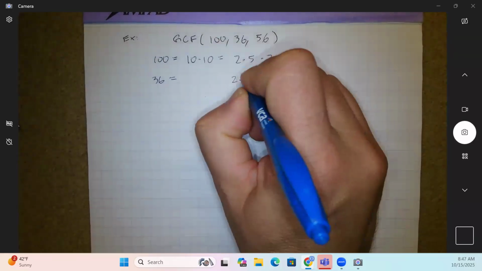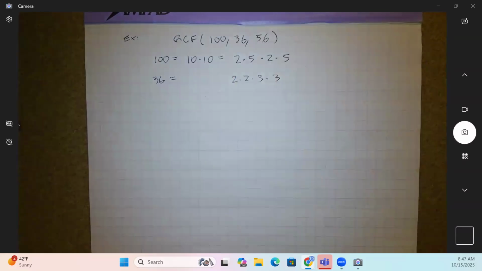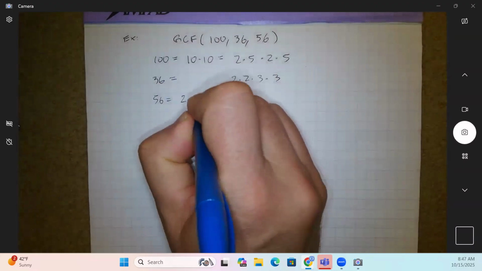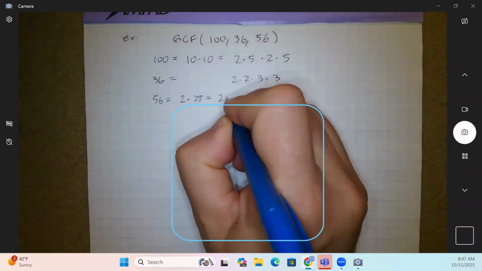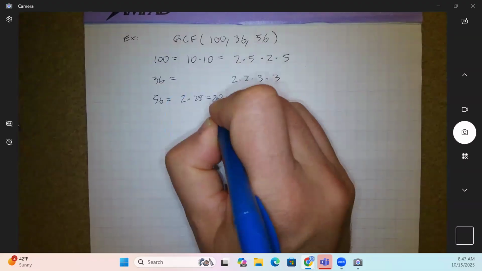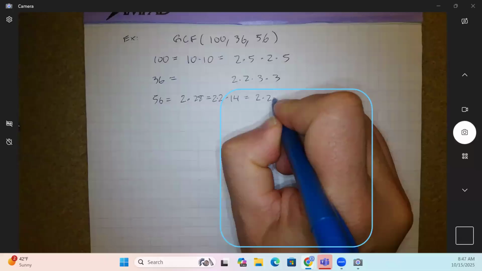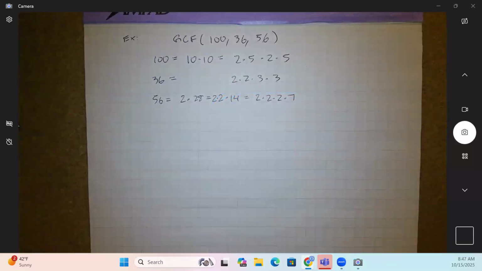That was 2 times 2 times 3 times 3. And 56 is even, so it must be 2 times 28. 28 is also even, which is 2 times 14, which is 2 times 2 times 2 times 7.